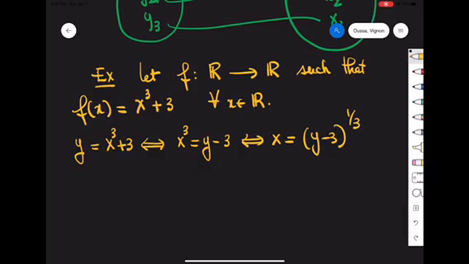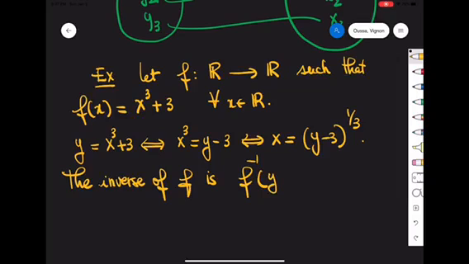Right, so the inverse of little f is f inverse of y, which is the cube root of y minus 3.